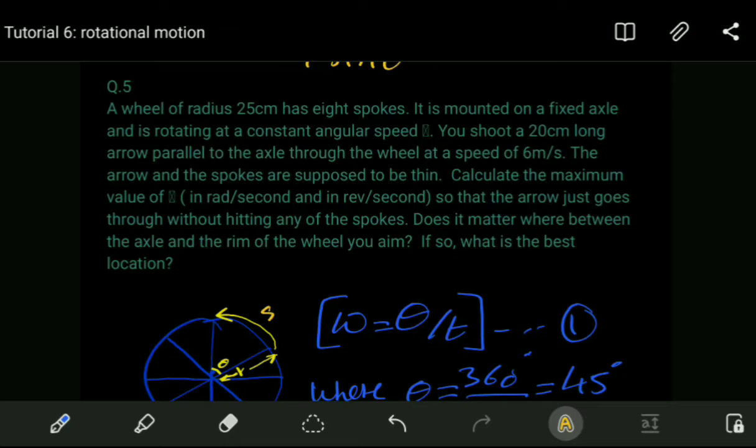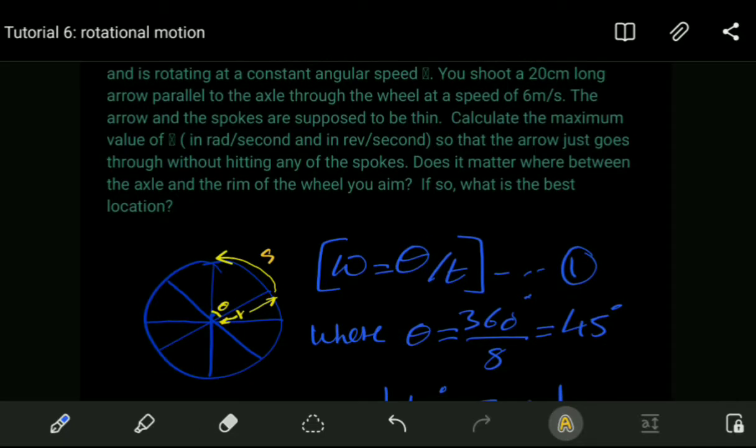So we have 8 spokes, and one revolution of this wheel is giving us 360 degrees. So this 360 degrees is divided into 8 segments.